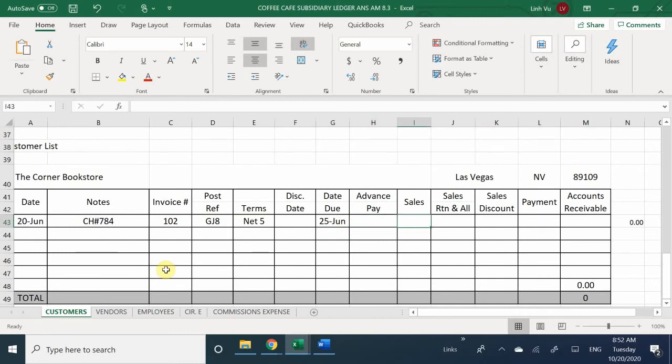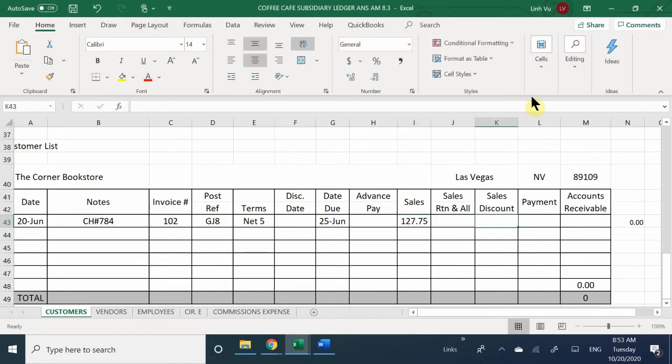What was the total sales receipt amount? 127.75. Okay.